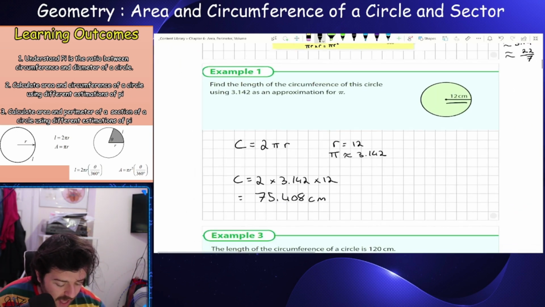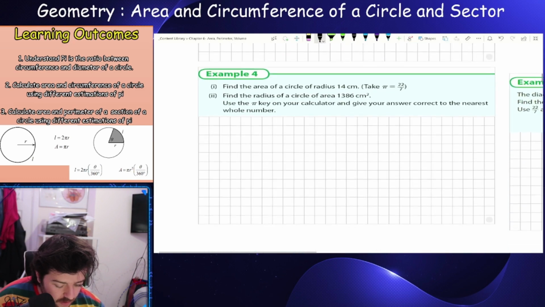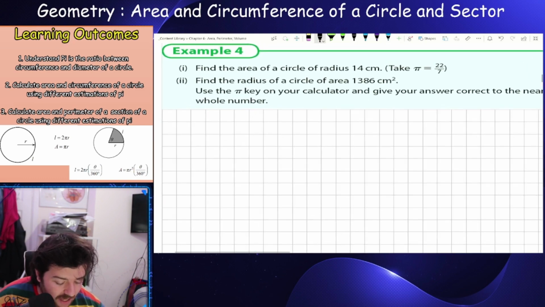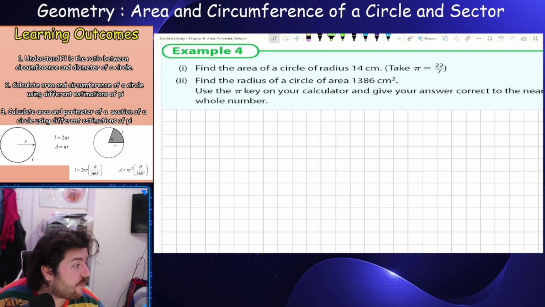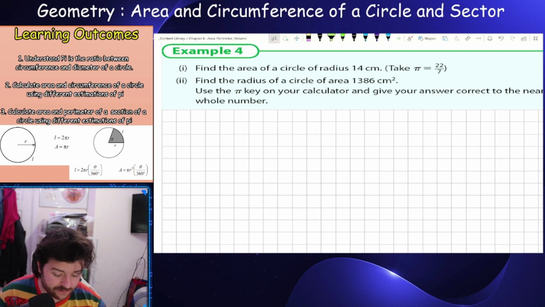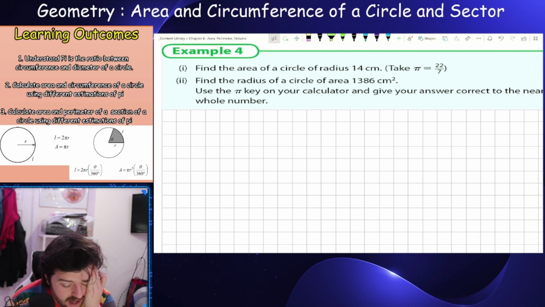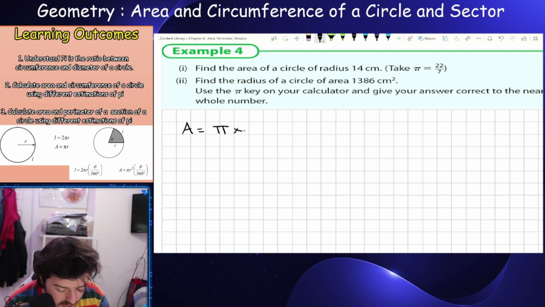So let's do a question here. Find the area of a circle of radius 14 centimeters, taking pi to be 22/7. So the area is equal to pi times r squared. We're taking pi to be 22/7, and we're taking my radius to be 14.